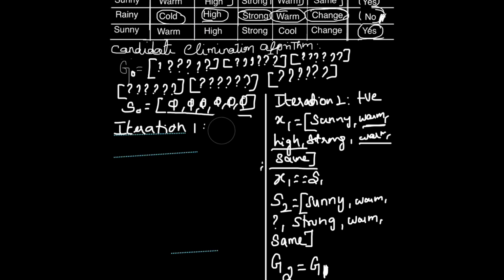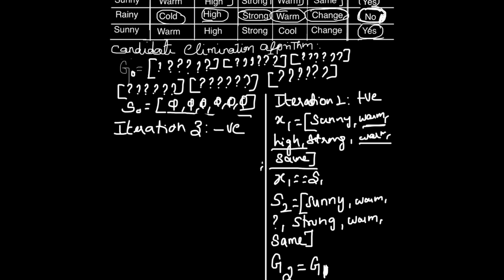So in iteration 3, we have to check whether the sample is positive or negative. In iteration 3, the result is no. The output for this sample is no. So it is a negative sample. So if it is a negative sample, then we have to update the generic hypothesis, and we should retain the specific hypothesis as in the previous iteration.